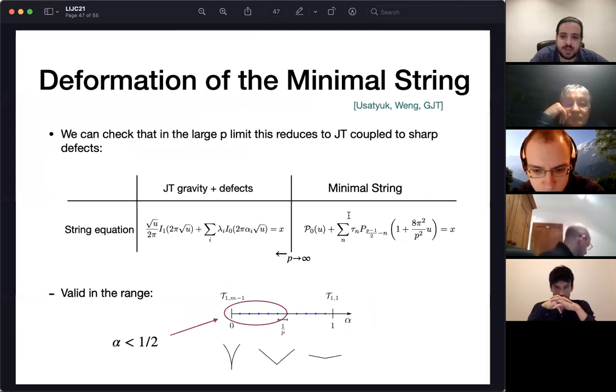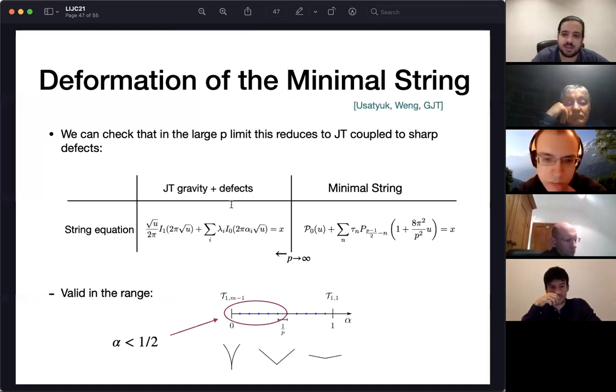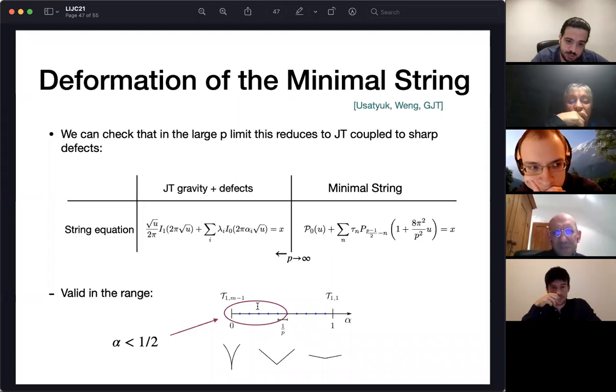Okay, the idea is that we can take the string equation of this deformed minimal string as a function of the couplings and take the large P limit, and these Legendre polynomials become exactly the string equation of JT gravity with defects. And this is valid only in the range that alpha is between 0 and 1/2 from JT gravity.